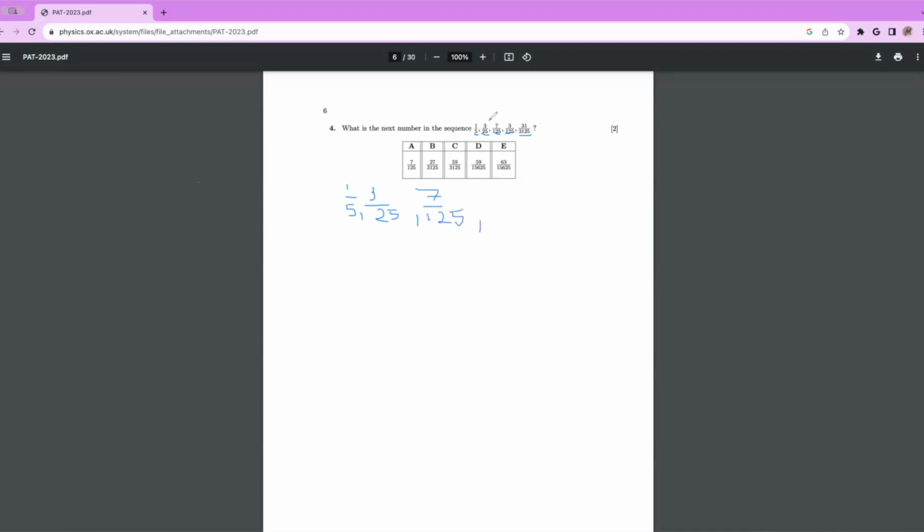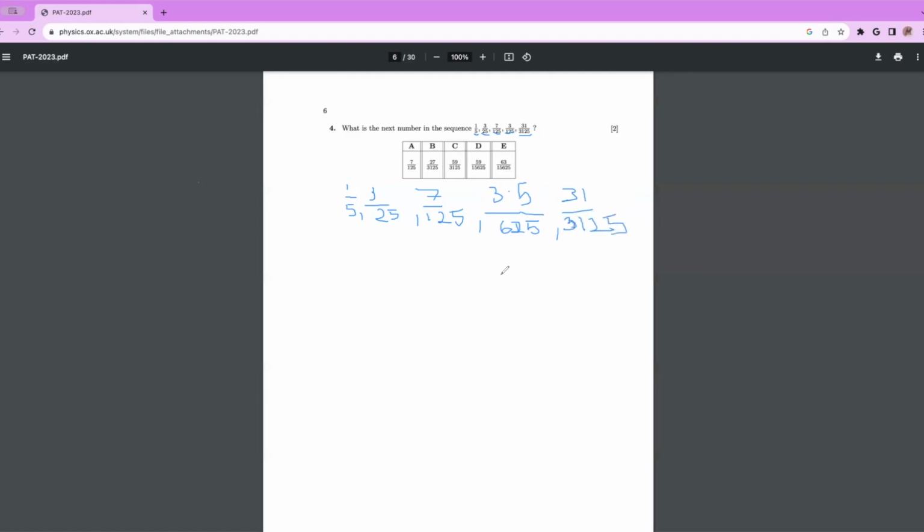Since this is off by a factor of 5, from 5 to the 4, we can just multiply by 5 over 5, giving us 3 times 5 over 5 to the 4, which is 625. And the last term obviously would be 31 over 3125. That is the ugliest 3 I've ever written.